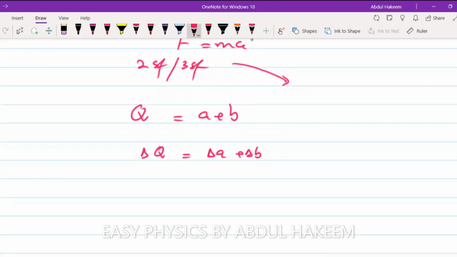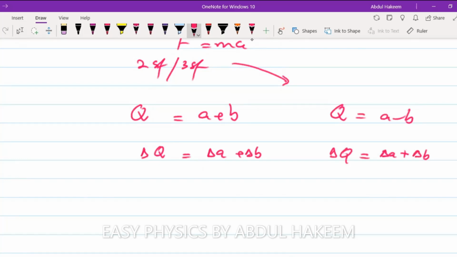So readings are treated according to the operation: for addition, we will add them; for subtraction, we will subtract them. But for the calculation of the uncertainty, for both addition and subtraction, we have to add errors. And if the question is Q is equal to A minus B, then for the error of Q, we will add both errors, delta A and delta B.